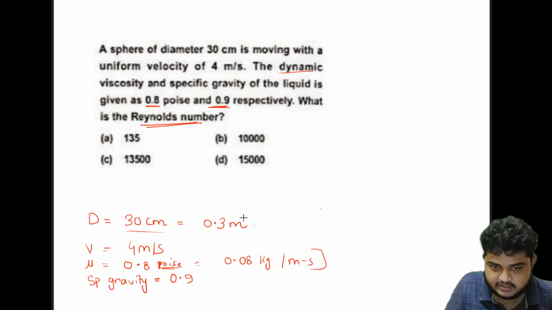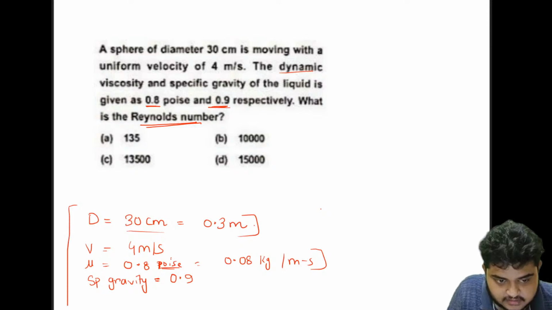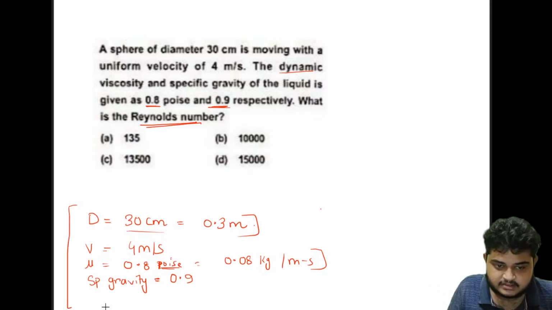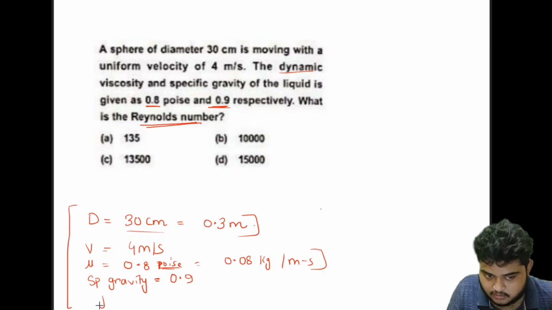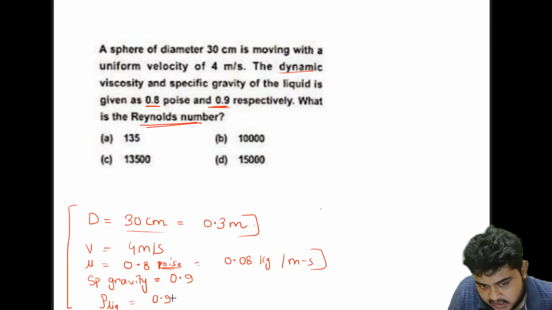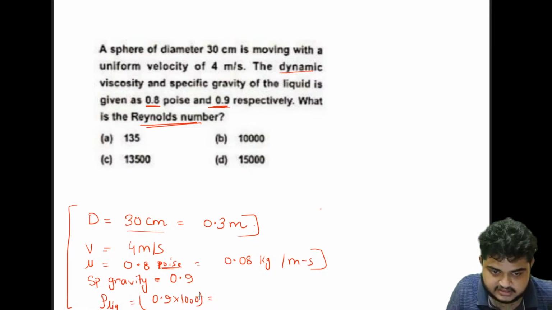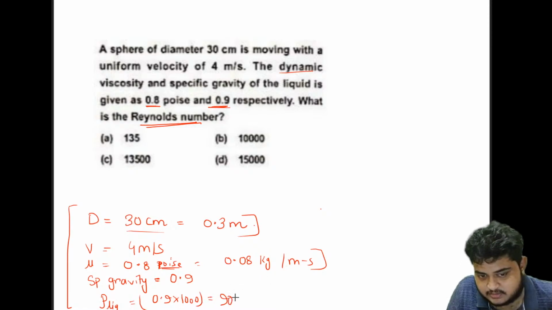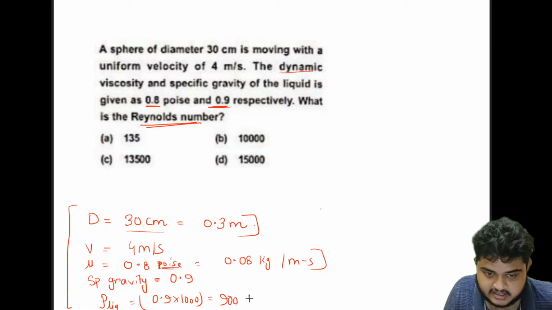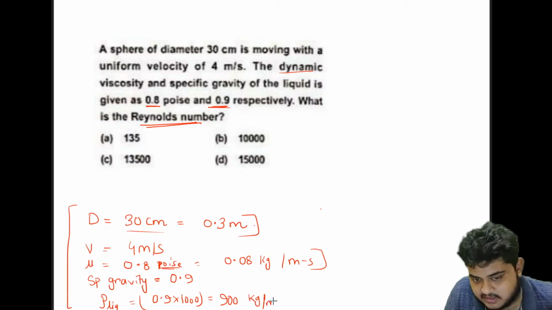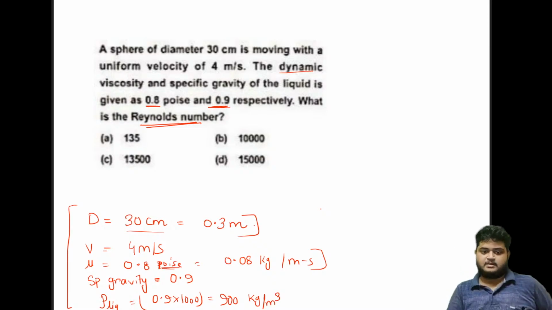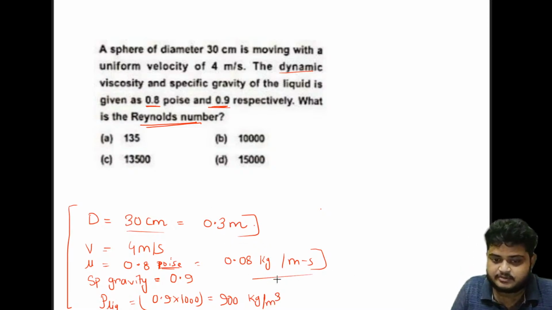So all the units are converted. We need to calculate rho. Rho of our liquid will be 0.9 into 1000. If we multiply by the density of water, the answer comes to 900 kg per meter cube. So all the units are in kg per meter cube.